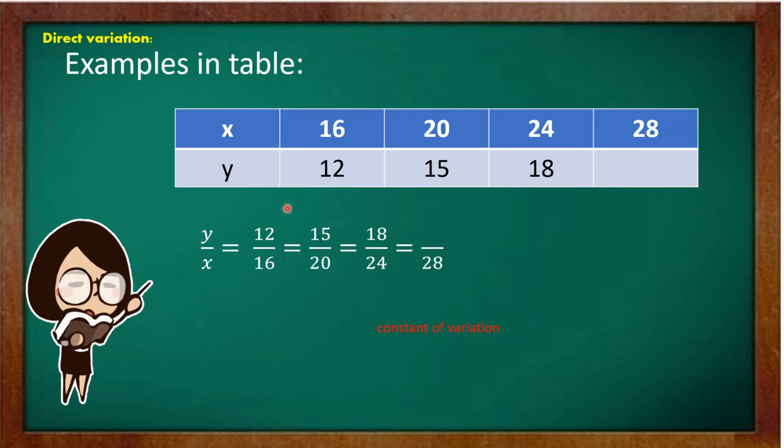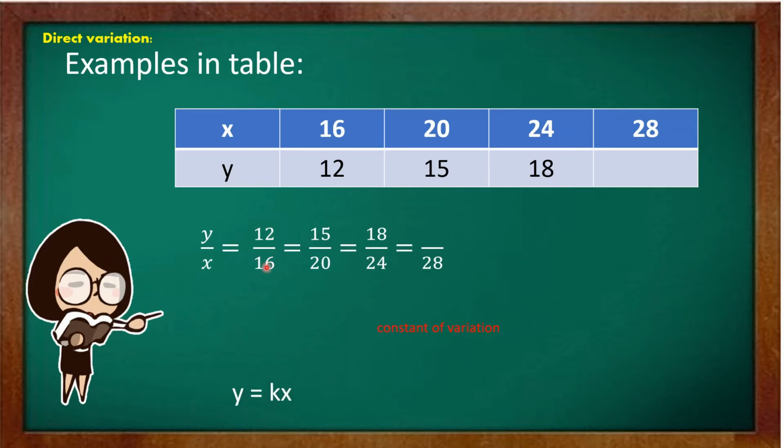I said that y is directly proportional to x. So y over x. Let us get the constant of variation. So 12 over 16, 15 over 20, 18 over 24 is equal to blank over 28.